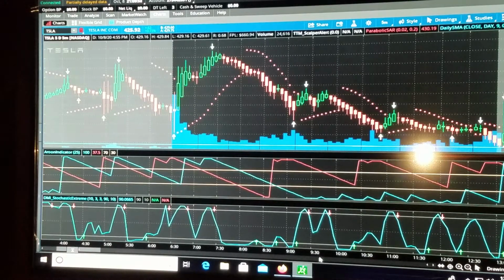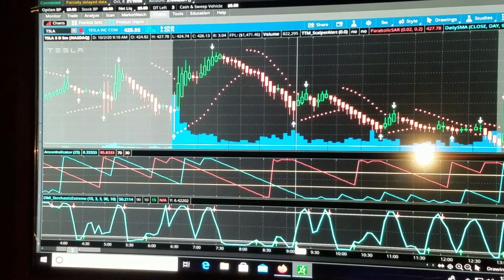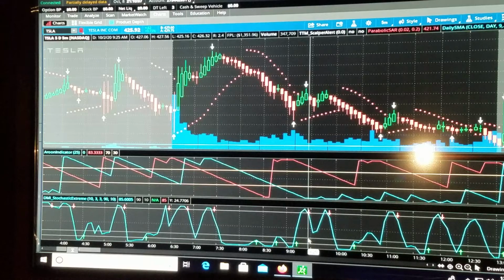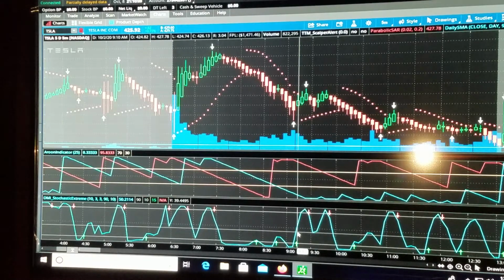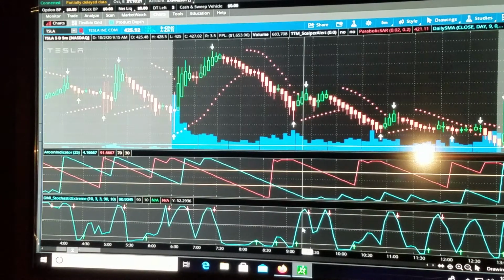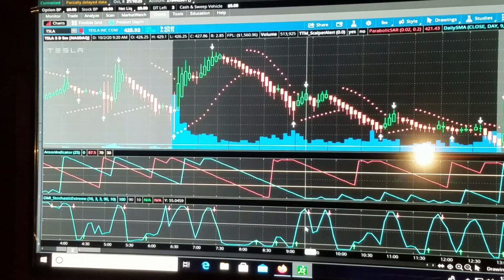Now your DMI stochastic extreme tells you to buy here, which would have been at 426, and sell here. Of course, this is telling you to buy at 423 and sell here at 427.